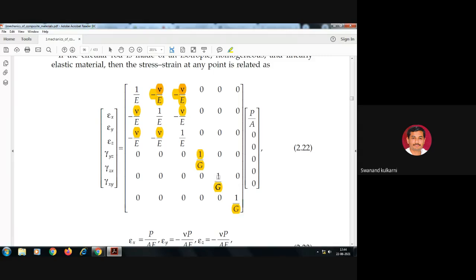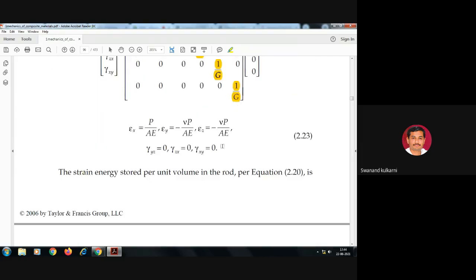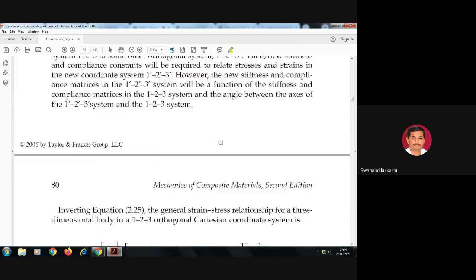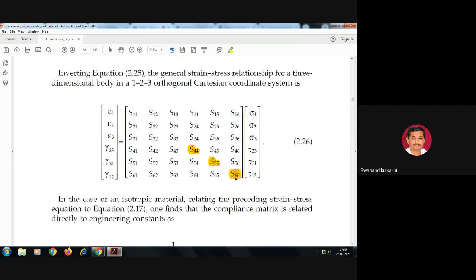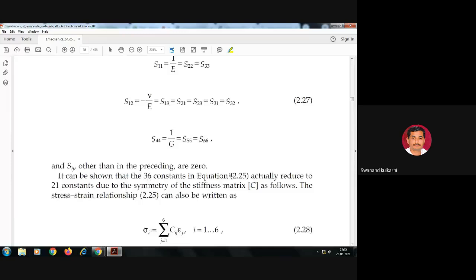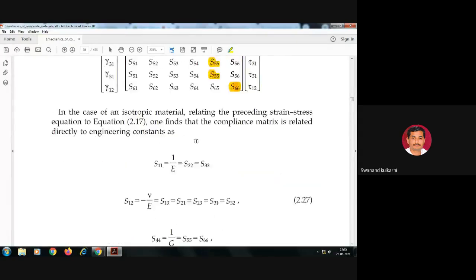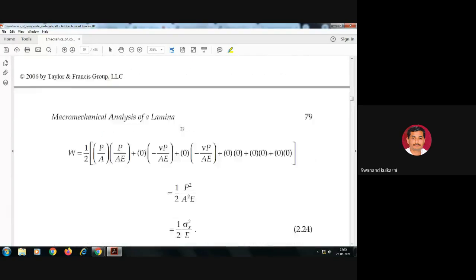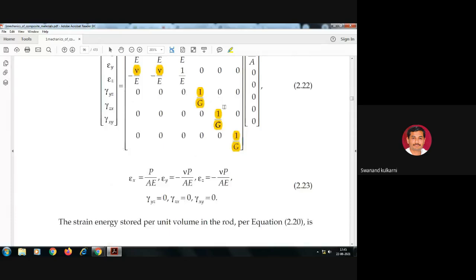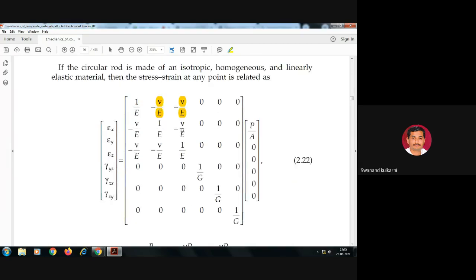See, which are present here, S44, S55, S66, then definitely we will consider S44, S55, and S66 as nothing but 1 upon G here. Is it okay? Here we can understand these different elements, so we will come to know one by one.